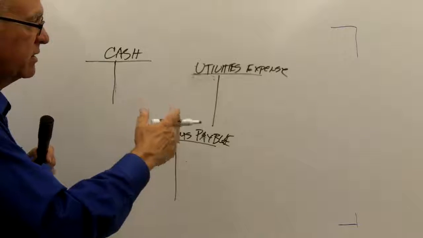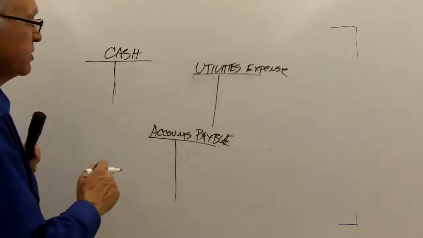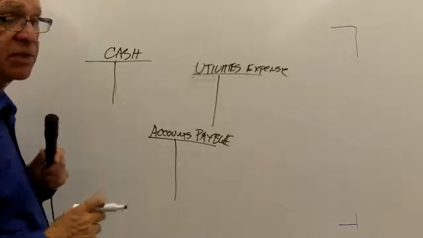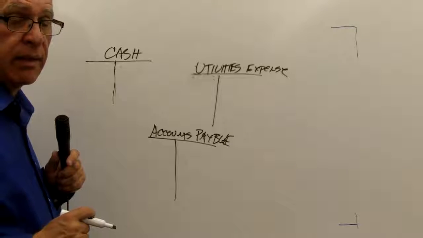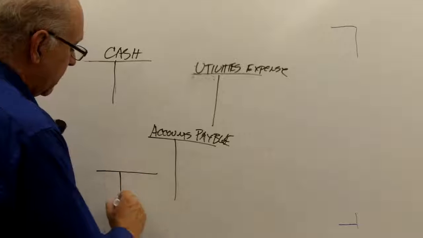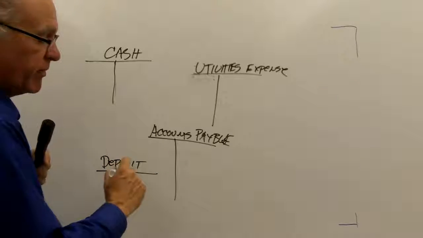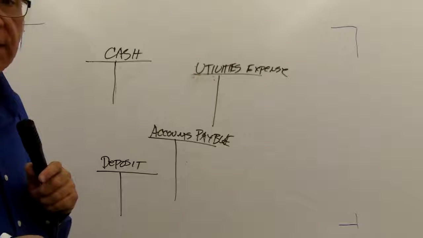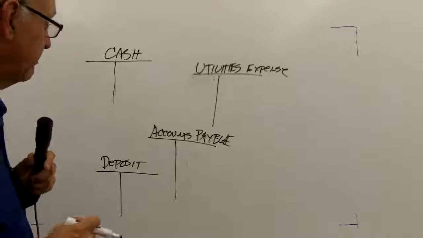Let's say that this particular expense was for them to hook up a new plug or something. So in that case, cash would go out prior to this occurring. But in my case, it would actually be a deposit. I would be making a deposit on that with the electric company.